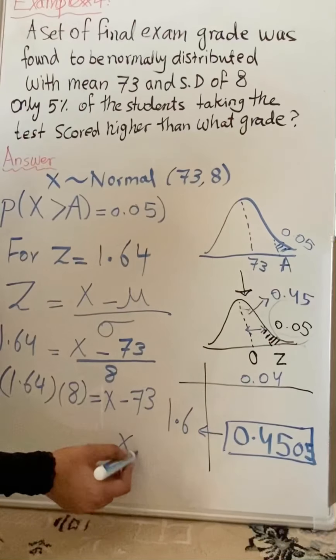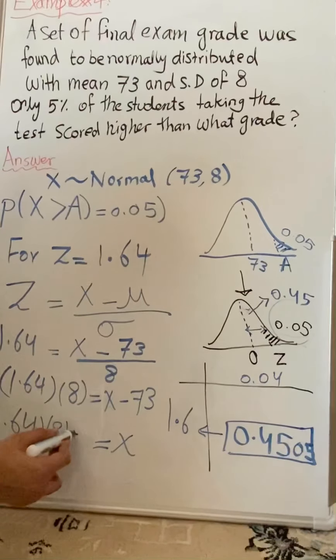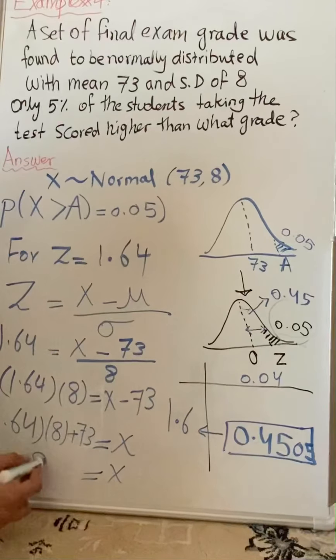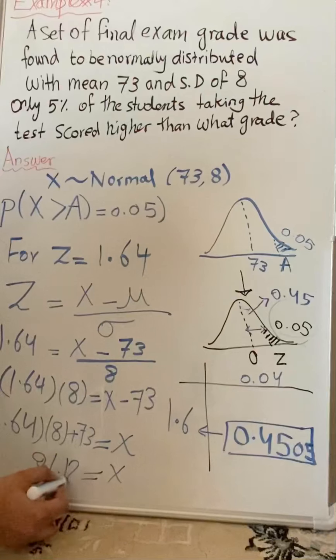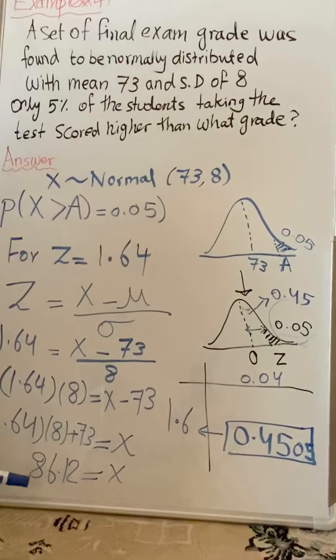So from here X is equal to 1.64 times 8 plus 73. Your X is equal to 86.12. So we are saying that 5% of the students scored higher than this value.